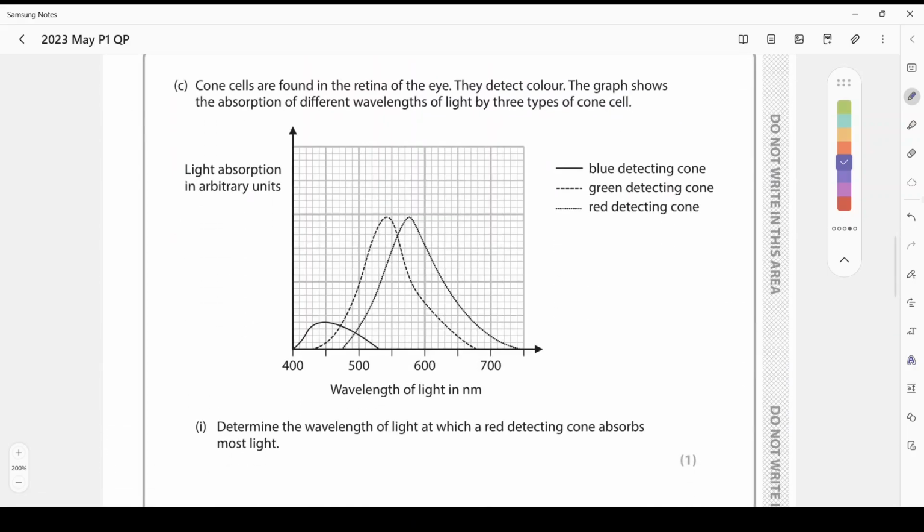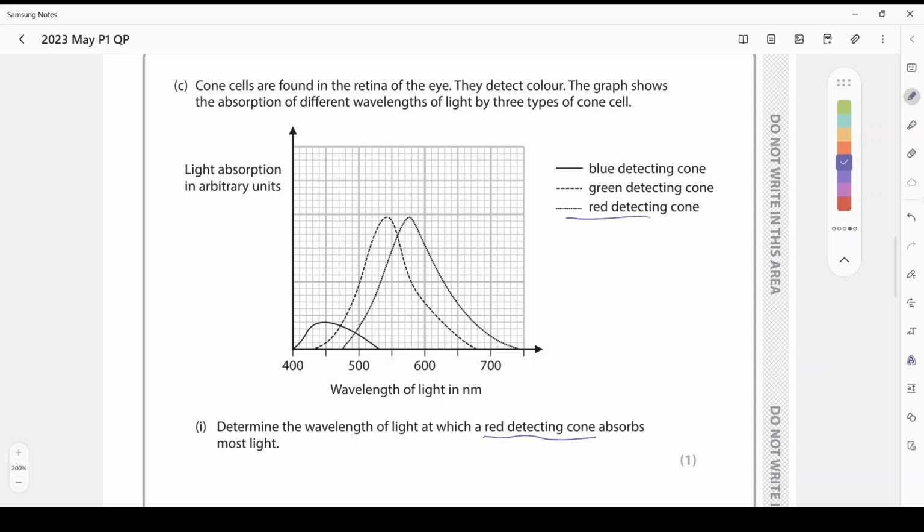Part C, cone cells are found in the retina of the eye. They detect color. The graph shows the absorption of different wavelengths of light by 3 types of cone cell. All right, the first part says determine the wavelength at which a red detecting cone absorbs the most light.